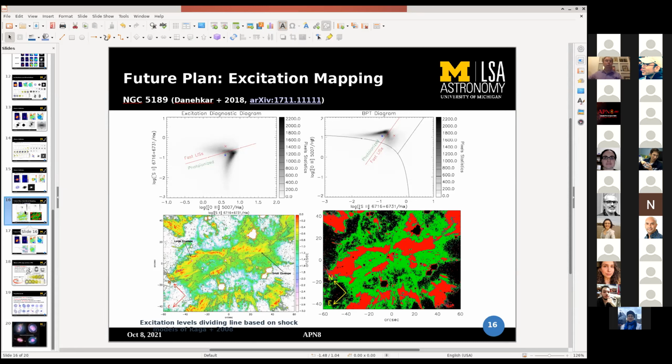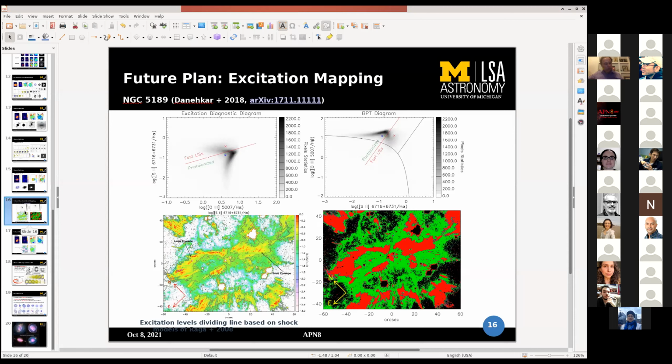As high density material propagates through low density, it may make some shock ionization. Because I'm also working on hydrodynamic simulation, when there is an expansion and propagation of dense material into the low density ambient material, we have production of low ionization excitations. So this should be studied using long-slit observation and high resolution IFU observation.